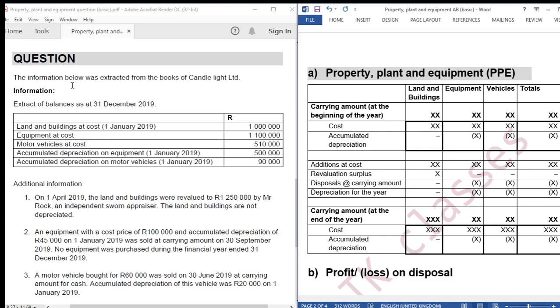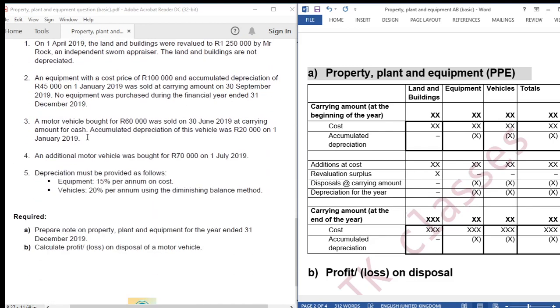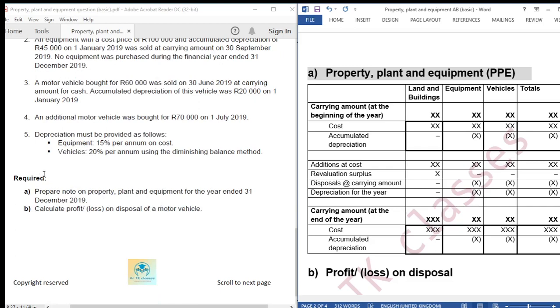Our question reads, the information below was extracted from the books of Kendrolite Limited. Extract of balances as at 31 December 2019. These are our balances. Additional information required: A. Prepare note on property, plant and equipment for the year ended 31 December 2019.